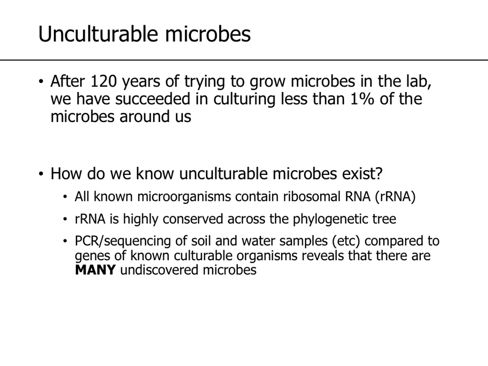We get all these different sequences, and then we know the ones that exist in our lab that we can grow, and then you compare them and you're like, this is something new. And then there are all these phylogenetic trees, which we'll talk about towards the end of the class. So now people have databases and databases of information on these microbes that we know exist, but sometimes we can only study them in their natural context, which is a little bit more difficult.